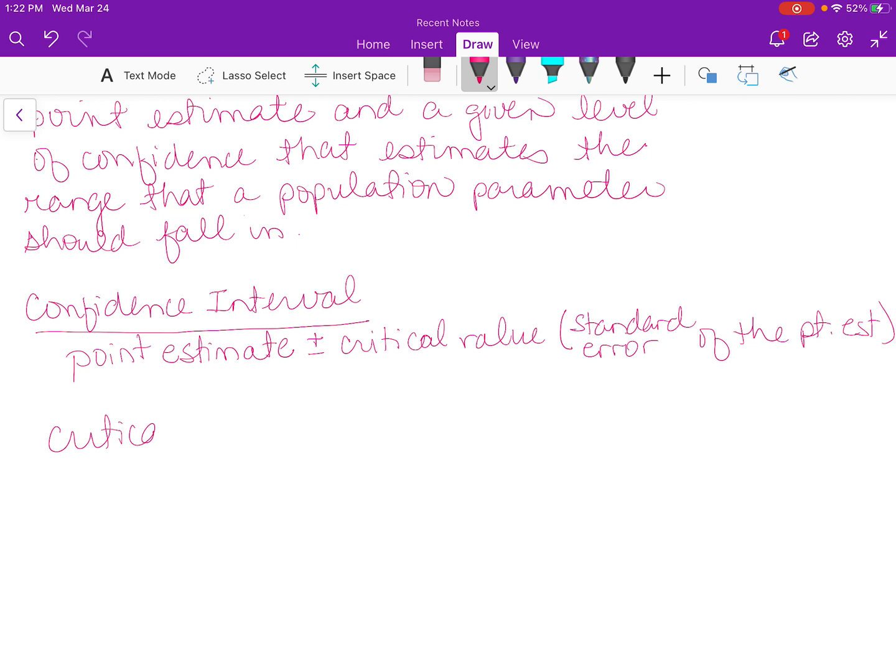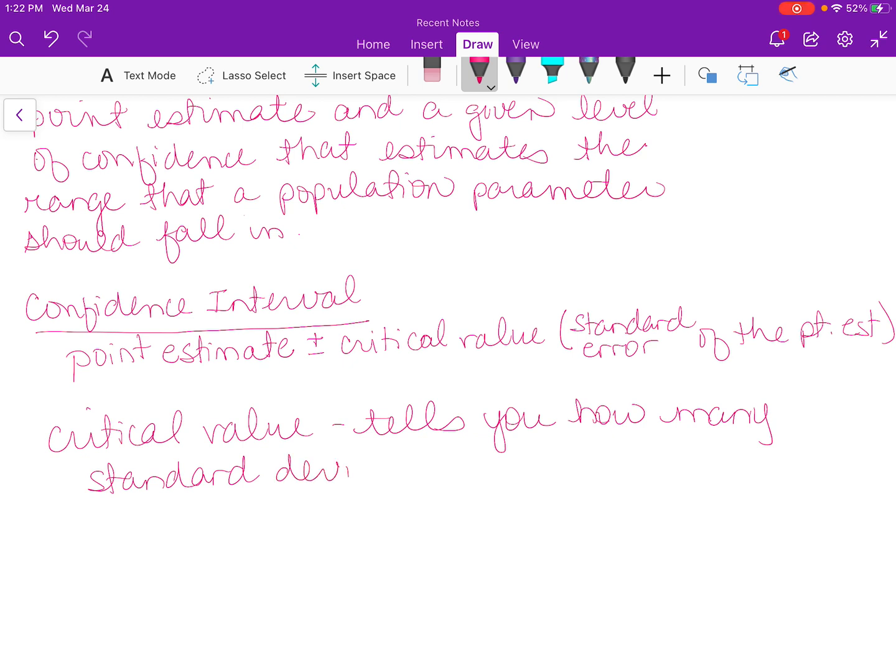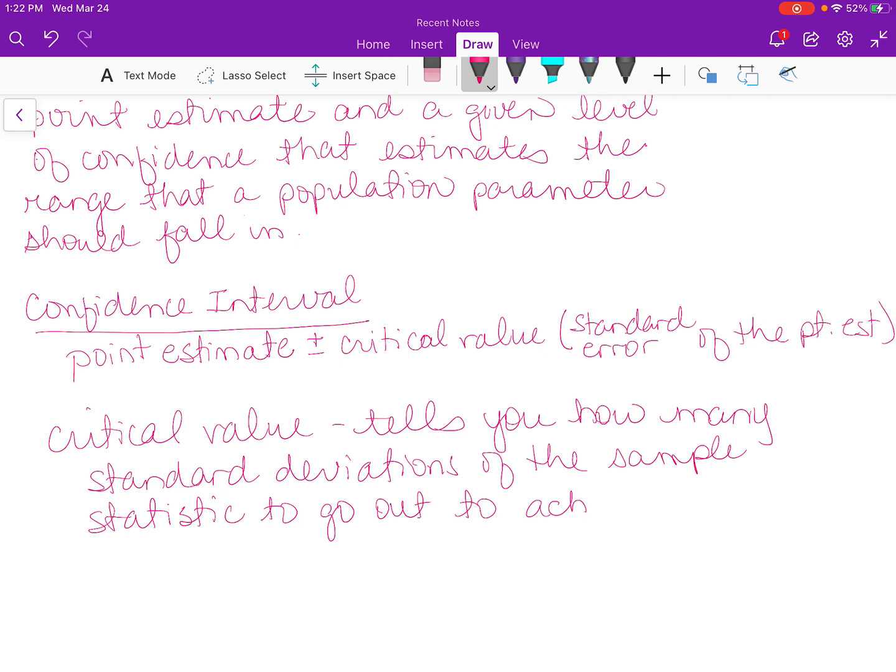The critical value tells you how many standard deviations of the sample statistic to go out to achieve a specific level of confidence.